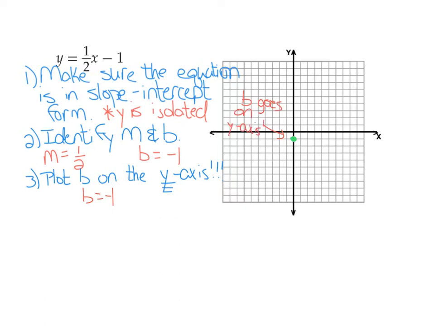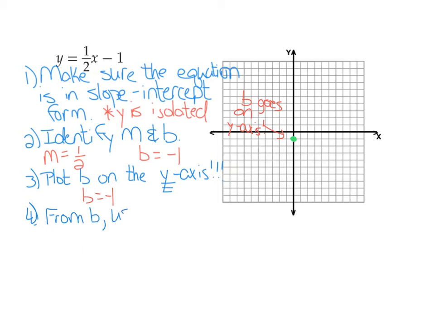That's important, okay? Now, the next thing, this will be related to when we found slope from a graph, but this is where you have to be careful and make sure you count correctly and make sure you go in the right direction. The next thing is we're going to use the slope. Let me start over. We're going to say from B. That's important.